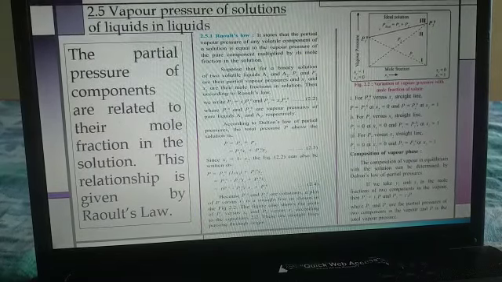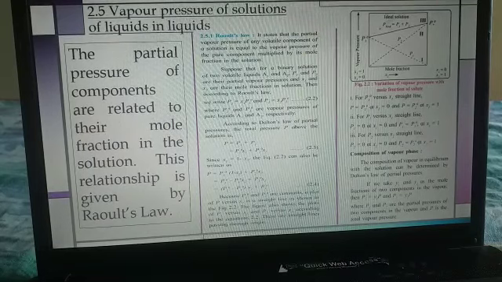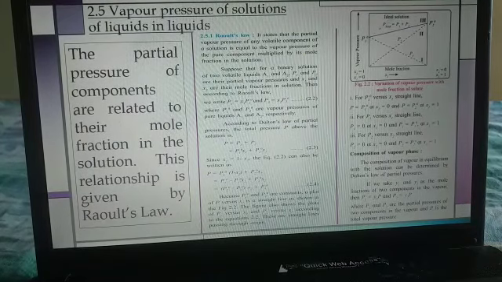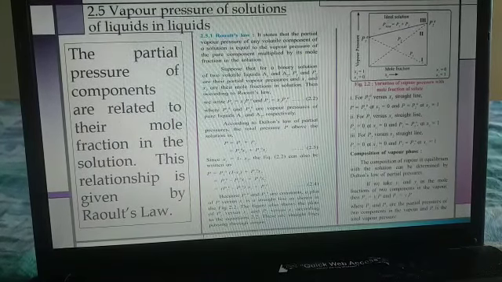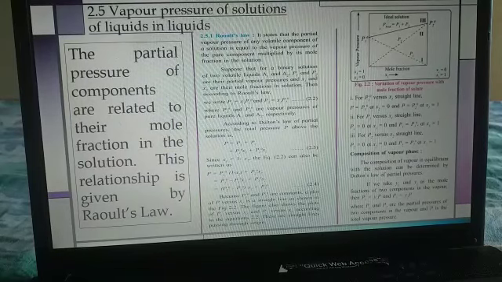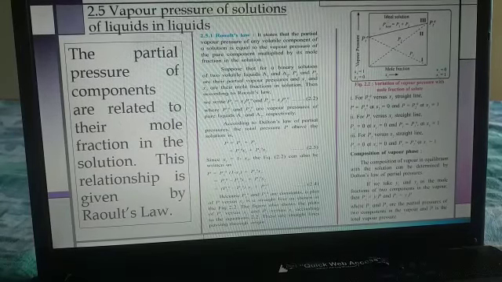Take one example, a binary solution, meaning two components. There are two beakers, named 1 and 2, containing volatile liquids. Before mixing, let the vapor pressure of the pure liquid be P1 naught, and the vapor pressure of the other pure liquid be P2 naught. Now mix them. What will happen?